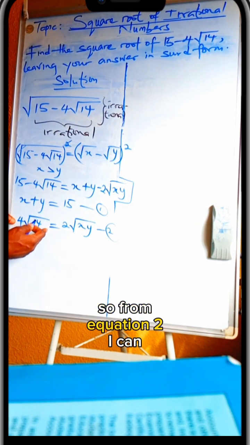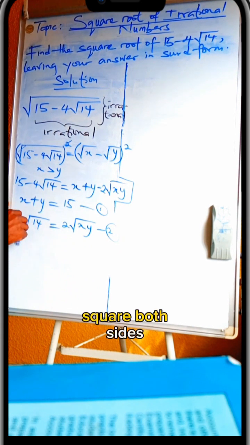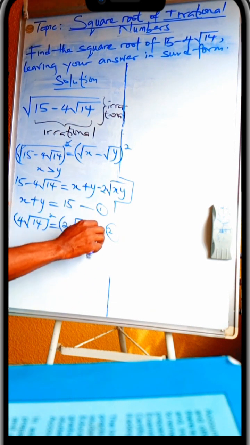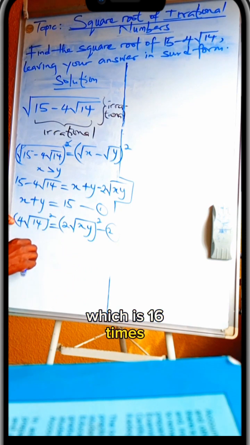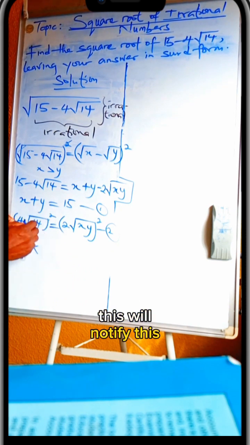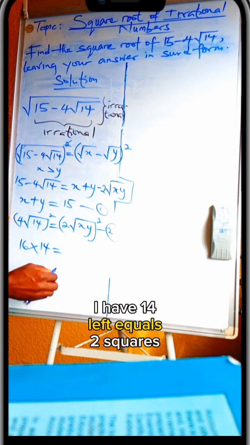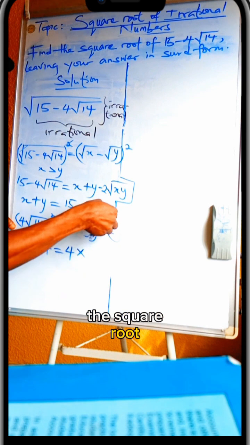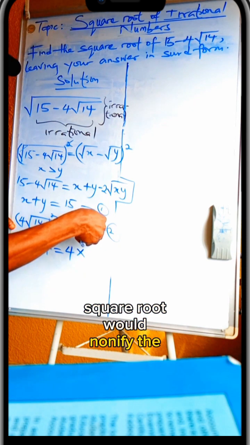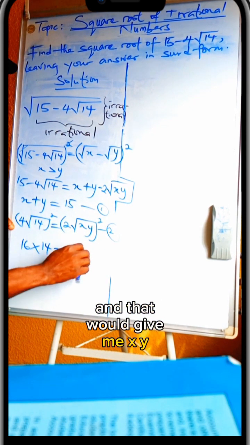So from equation 2, I can square both sides. When I do that, I'm going to have 4 squared, which is 16, times, this will nullify this, so I have 14 left, equals 2 squared is 4. The square root would nullify the square, and that will give me xy.